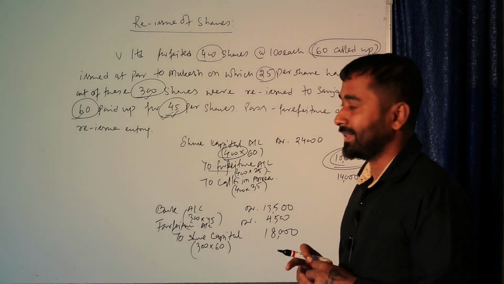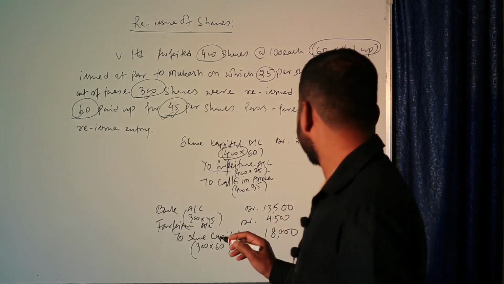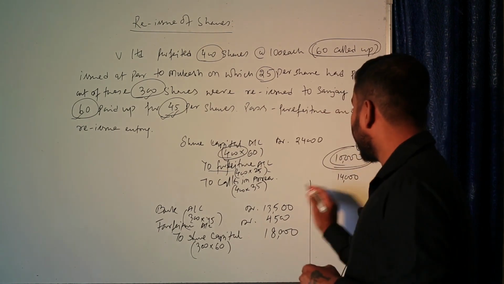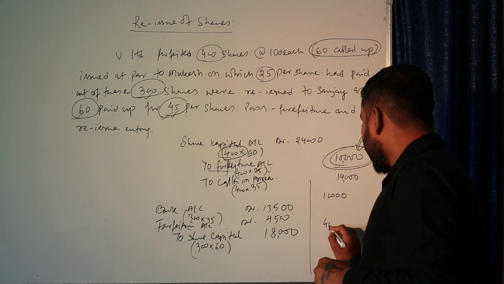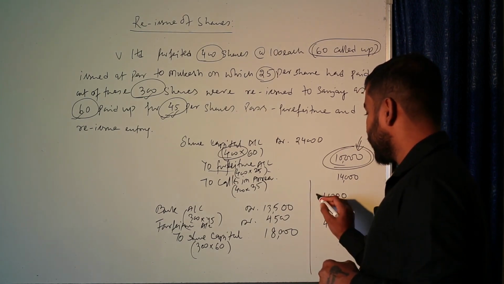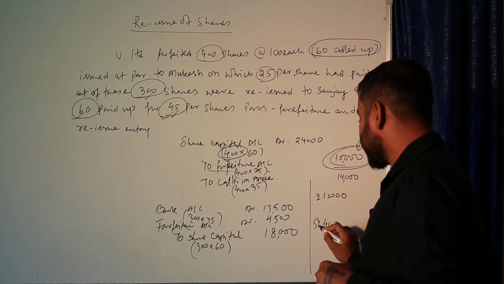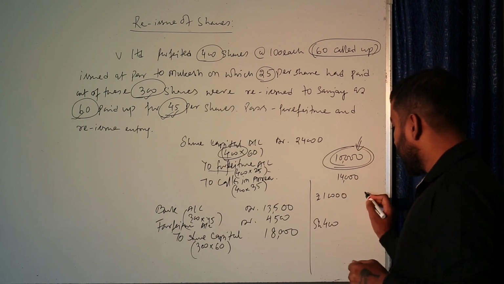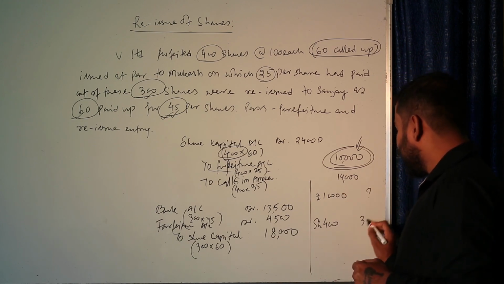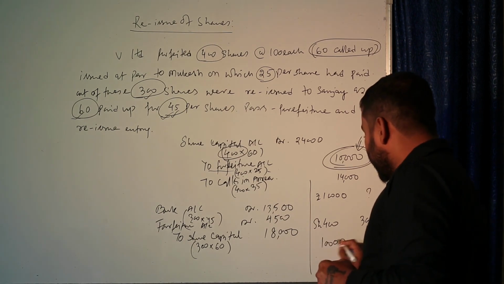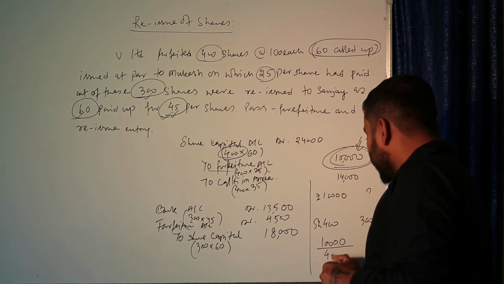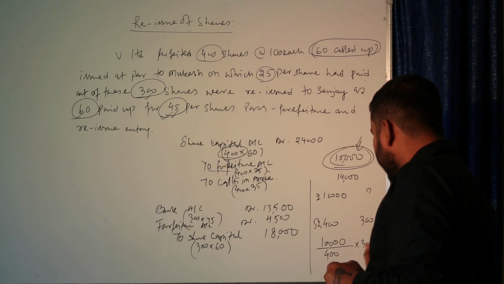But no, not like that. How should I do this? 10,000 was for 400 shares. Now how much money for 300 shares? Simple: 10,000 divided by 400 into 300.